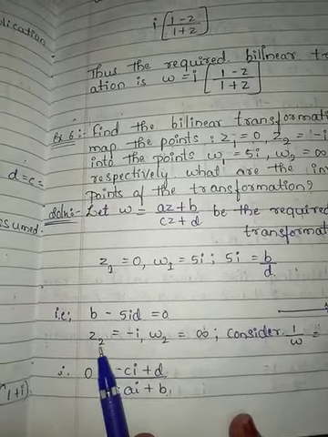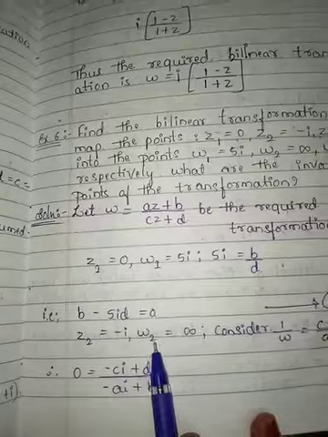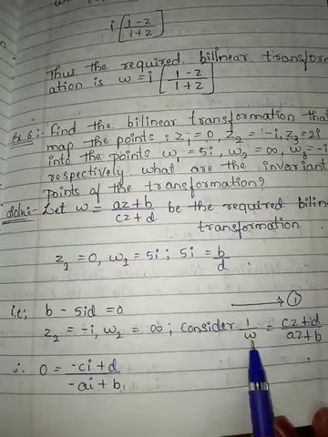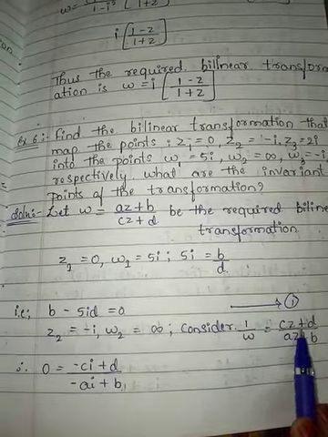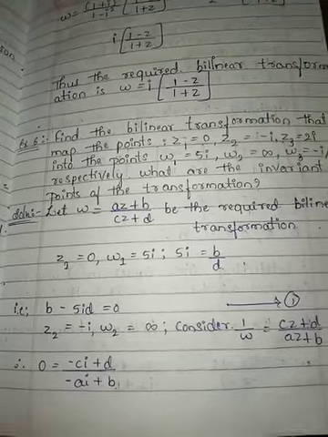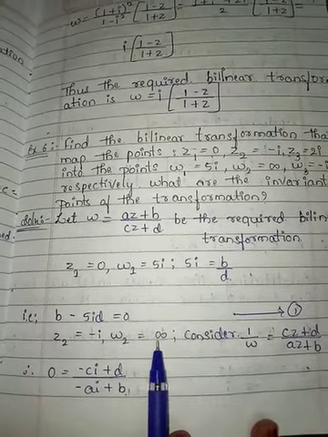Next, for the next point, z2 = -i and w2 = infinity. Consider 1/w = (cz + d)/(az + b). Here the w2 value is infinity.